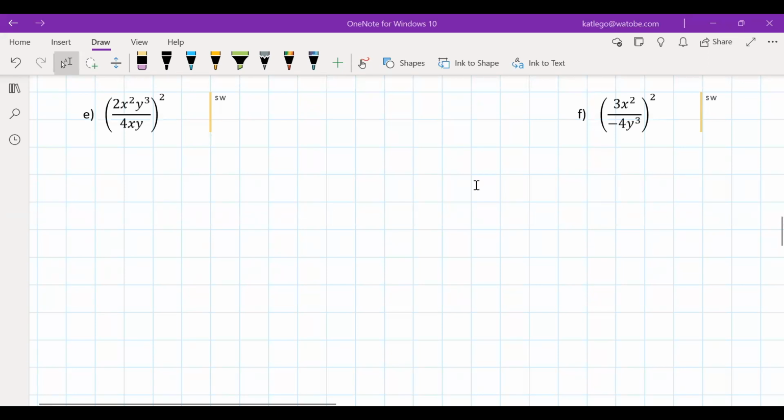Are you saying yes? Yeah, ma'am. Hello, ma'am. So what I actually do, ma'am, you see, ma'am, 2x squared times 2 and y cubed times 2 over 4x to the 1 times 2 and y to the 1 times 2. What happens to the 2 and the 4, guys?